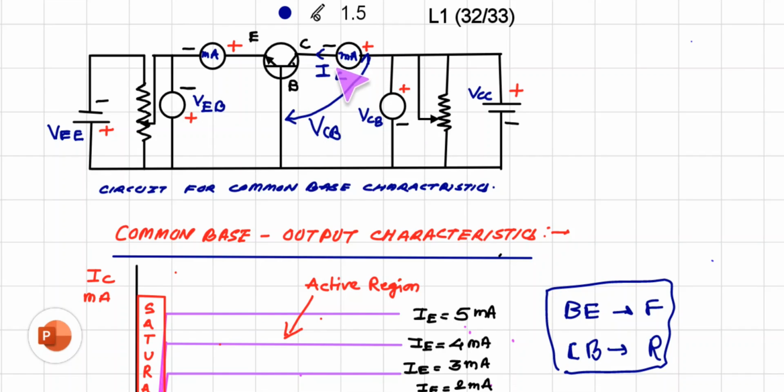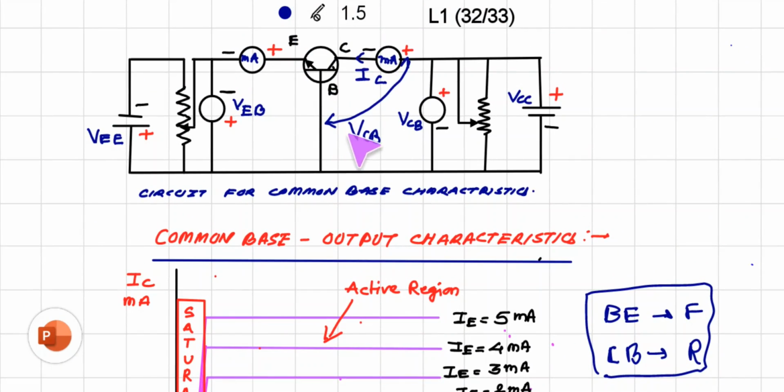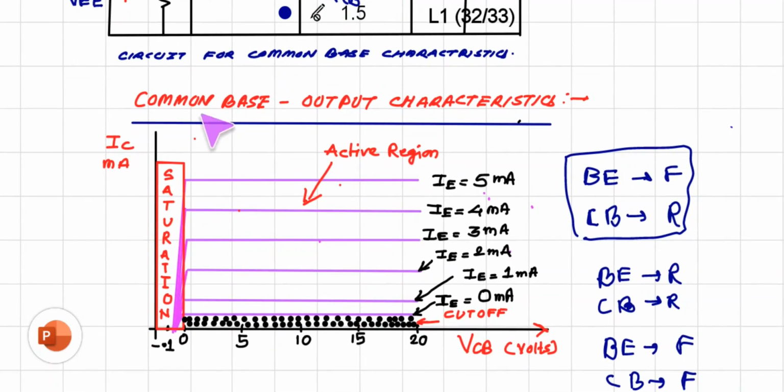So we are going to change VCB and observe the current IC in the circuit. Remember that when we are changing VCB and observing IC, we must keep the voltage across emitter base constant. If this voltage is kept constant, obviously the current flowing through the emitter will be constant.